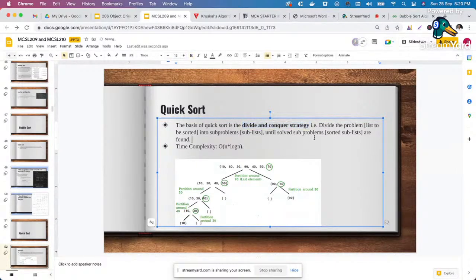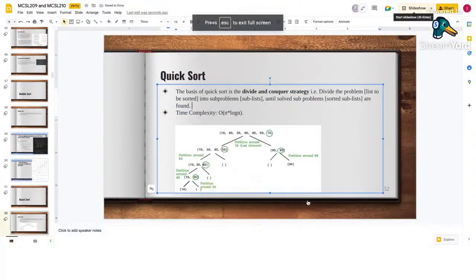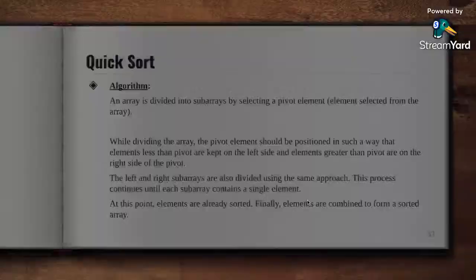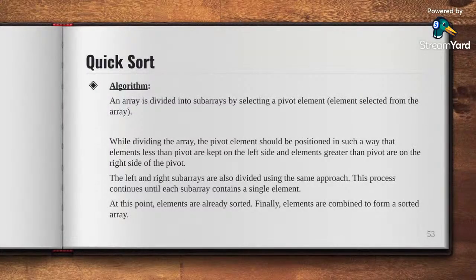In quicksort, we use the divide and conquer strategy. We break the problem into subparts. An array is divided into subarrays by selecting a pivot element, the element selected from the array.